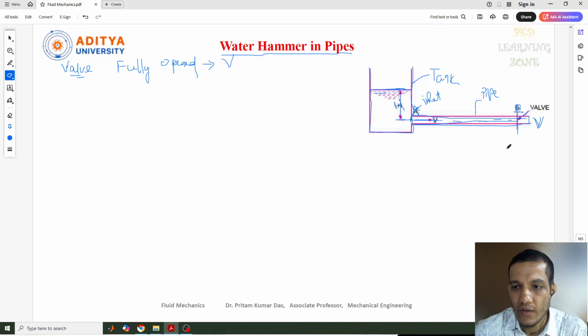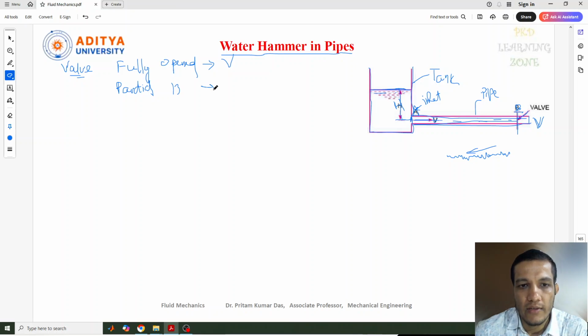A small wave will be formed, with some pressure reversed in direction. When the valve is partially closed, the same velocity is there, but its value will be reduced.